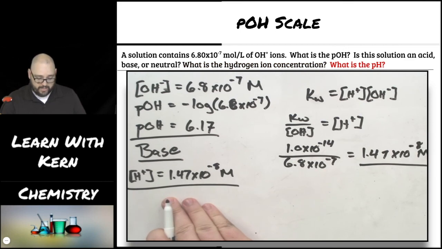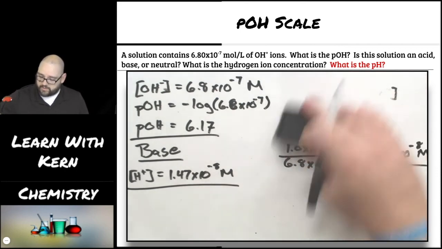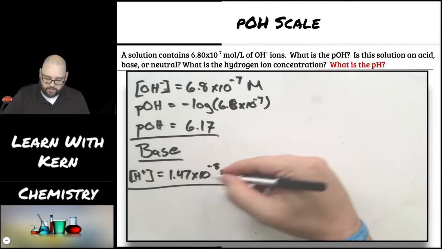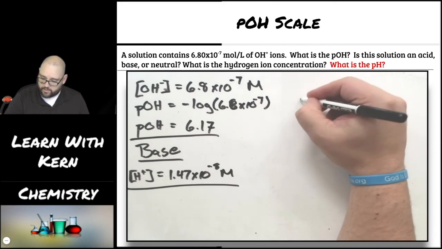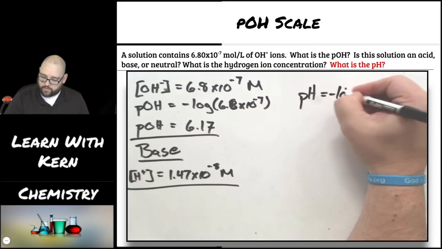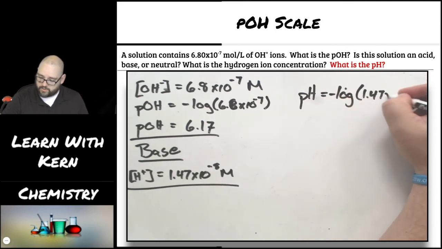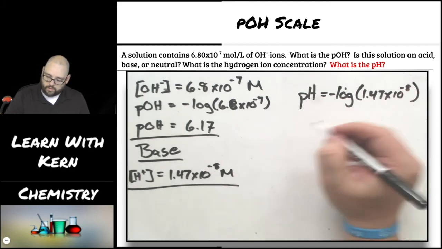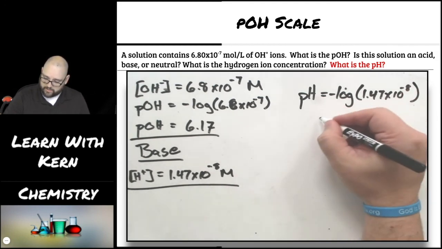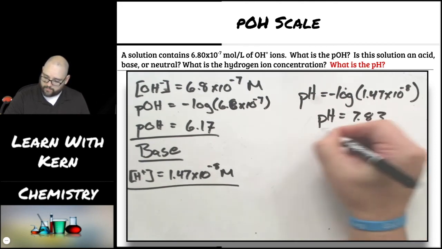Okay? So what is the pH? Now, there's 2 ways that I could do this. I can take my H plus concentration that I just got, and my pH is the negative logarithm of my H plus concentration. When I do that, I would get an answer with my pH equaling 7.83.